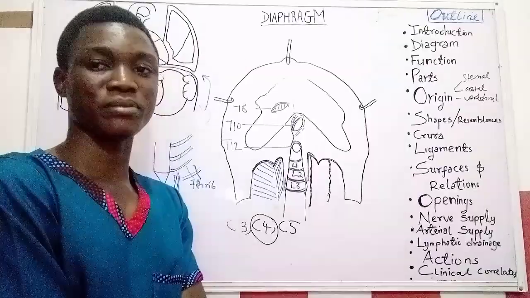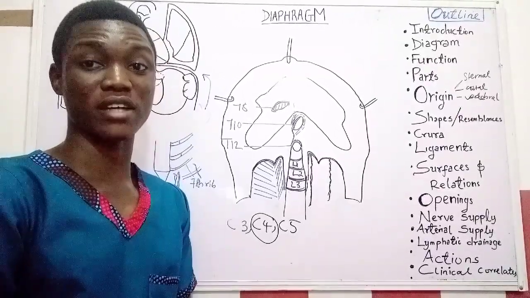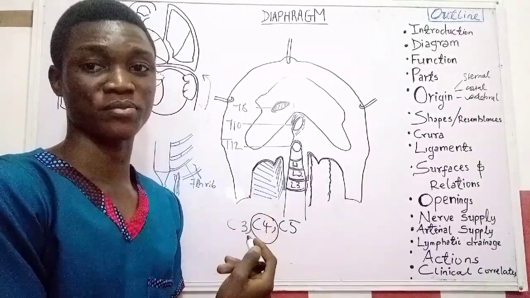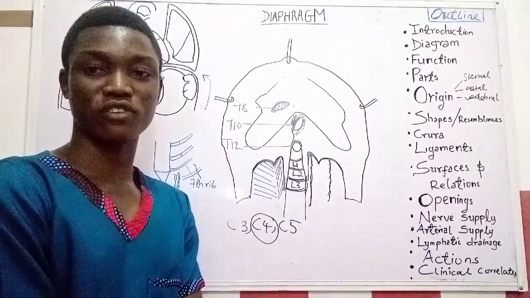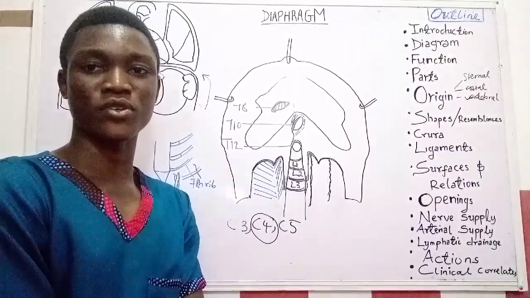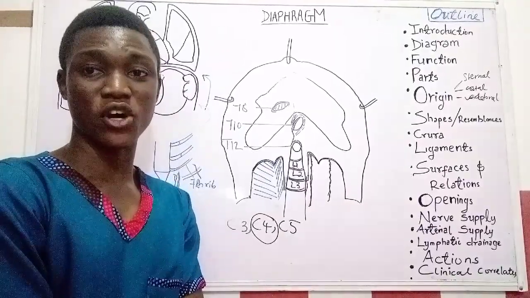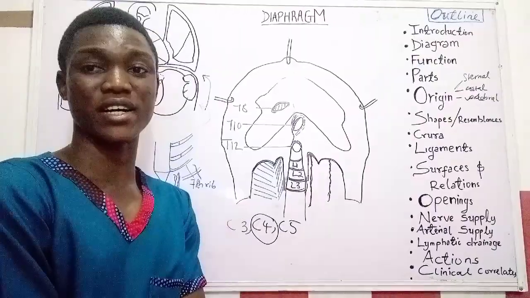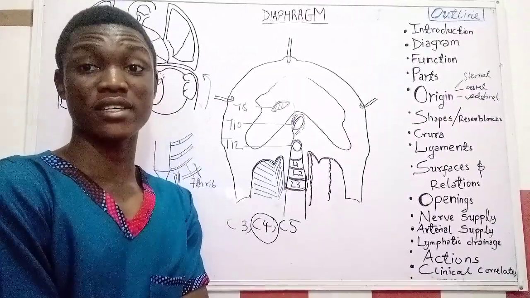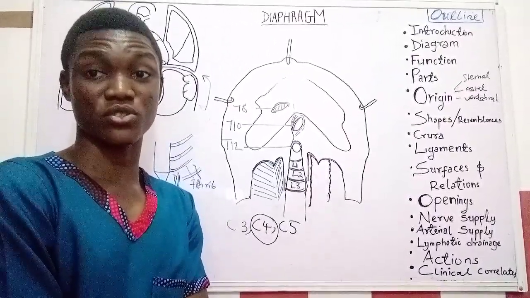The diaphragm also has effects on these openings. Just like the vena cava opening, the contraction of the diaphragm will lead to the widening of this opening, and this will result in increased venous return to the heart.